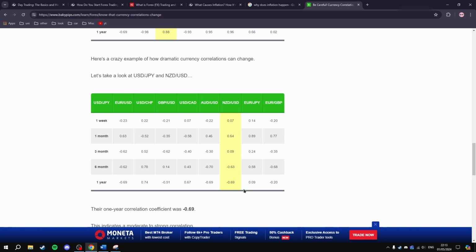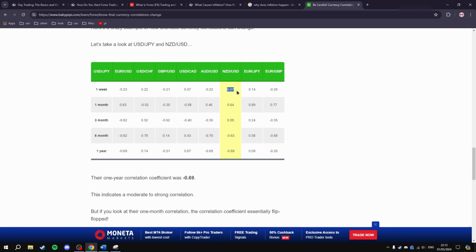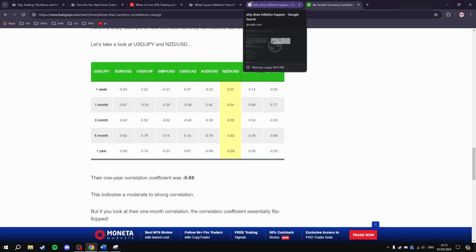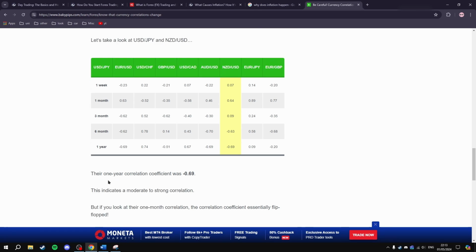And then 1 year, still an increase in the negative correlation. So it went from no correlation to positive correlation to no correlation to negative correlation and then to negative correlation again. Quite a lot of mood swings.